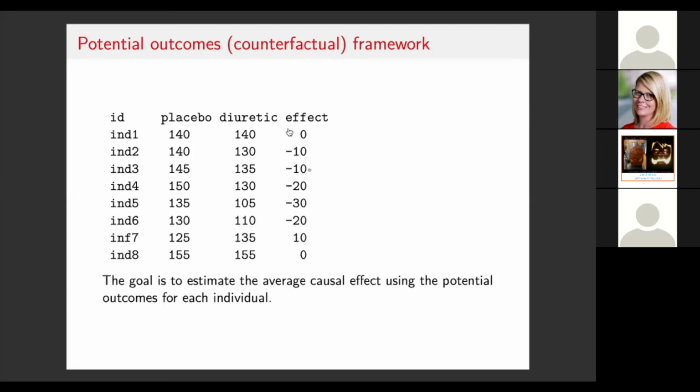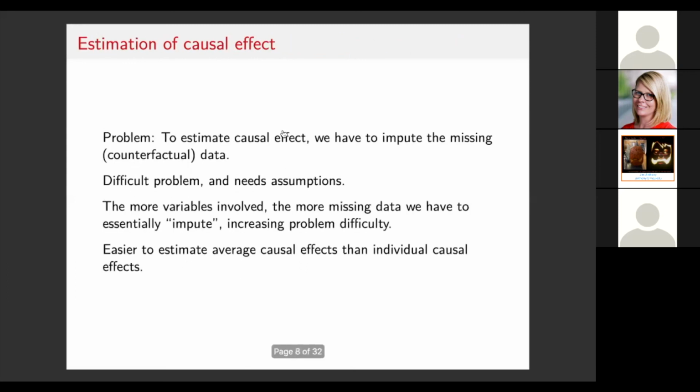Again, without further assumptions, that becomes a true imputation problem, which requires even stronger assumptions. So in other words, it's easier to estimate the average causal effect than it is to get the individual causal effects, which would be essentially doing an imputation using statistical models, which may require more assumptions than what I would have to make if I were doing just a randomized trial.